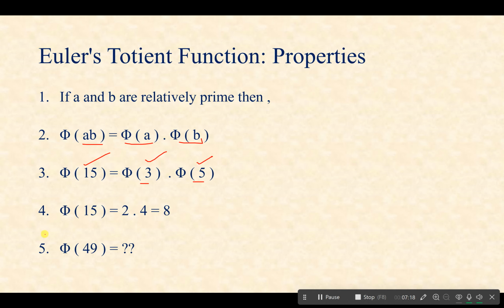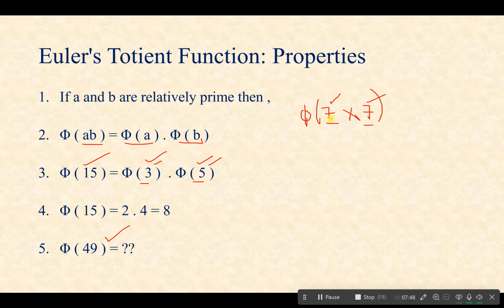Then can you tell me what is phi of 49? See, you cannot write it like this: phi of 7 into 7. So both the numbers should be distinct. As you can see, 3 is different, 5 is different, isn't it? So you cannot have the same numbers. So instead of that, you should write it in a different way.